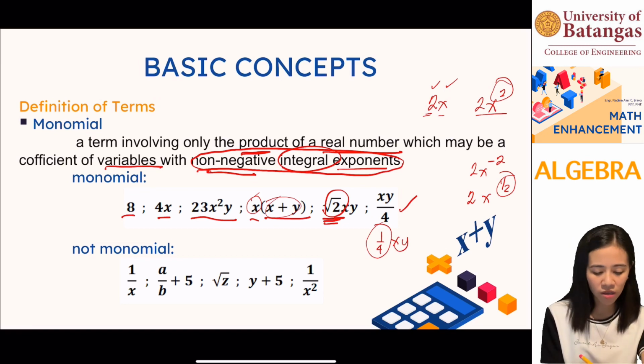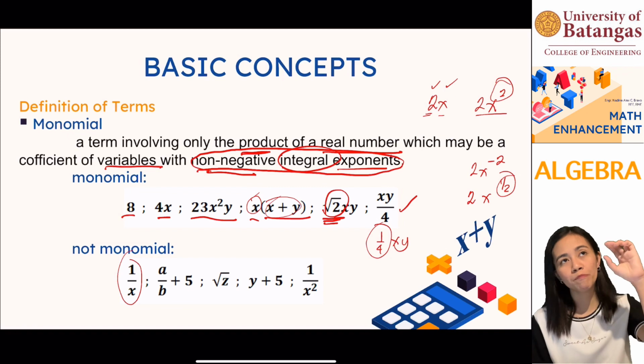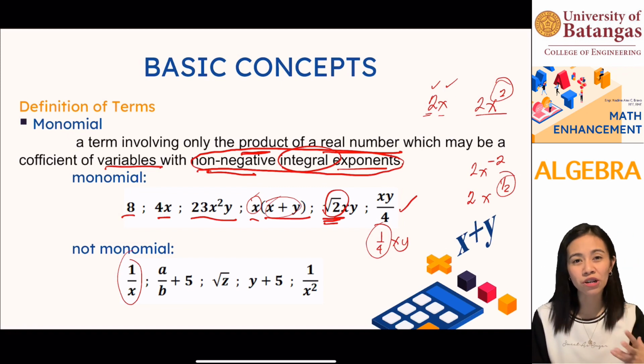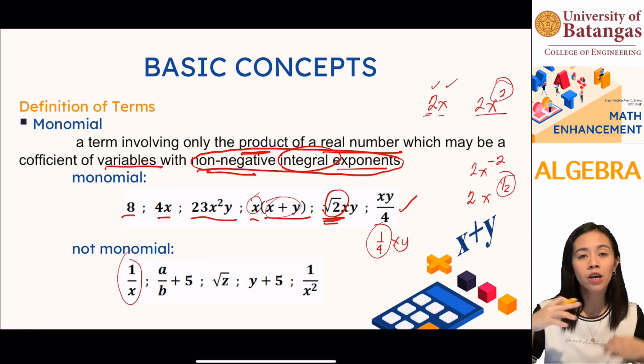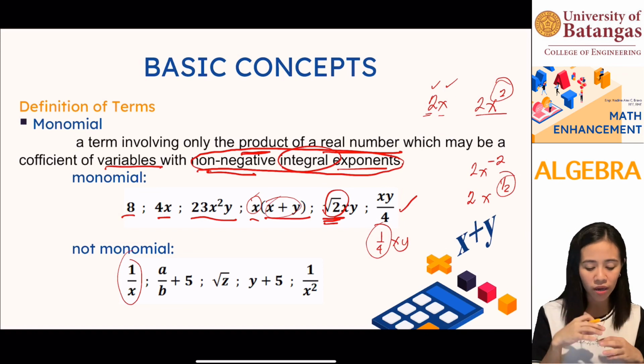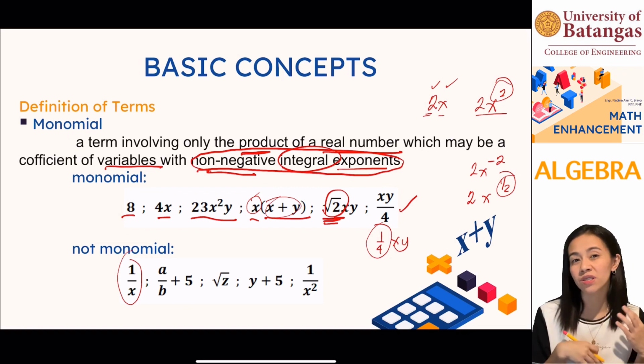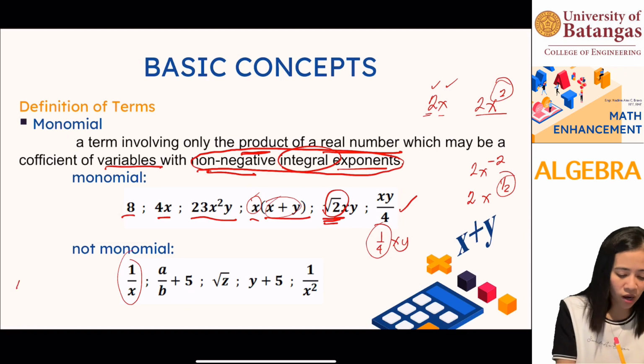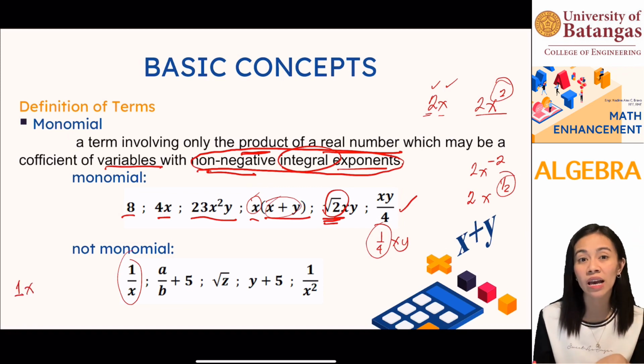The first example is 1 over x, because you have the variable in the denominator, and we know that when a term is in the denominator, pwede mo siyang ilipat sa taas. You can move this across the fraction bar. Pag nilipat mo siya sa taas, you will get 1, tapos ililipat ko si x sa taas, pero it will bear a negative sign, or a reverse sign.